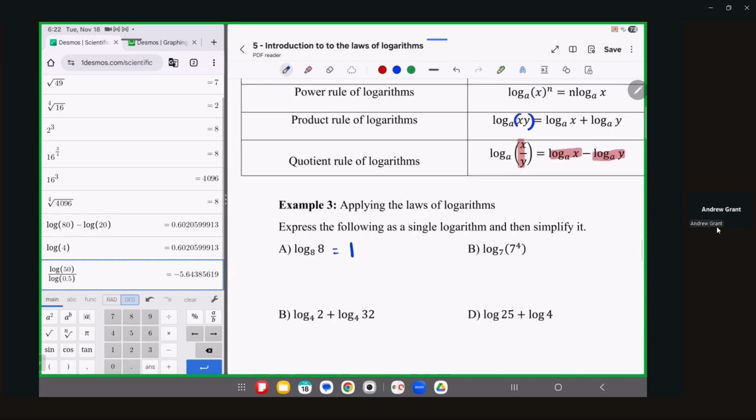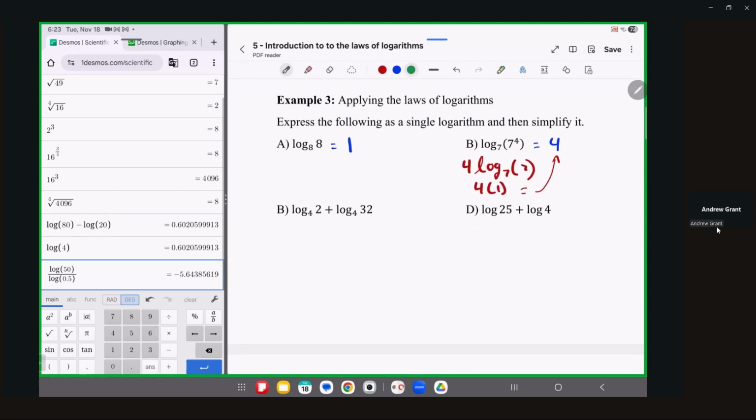And if you have log base 7 of 7 to the power of 4, that's equal just to 4. And the longer explanation is 4 multiplied by log base 7 of 7. Log base 7 of 7 is 1. Okay, so now let's apply some logarithm laws.